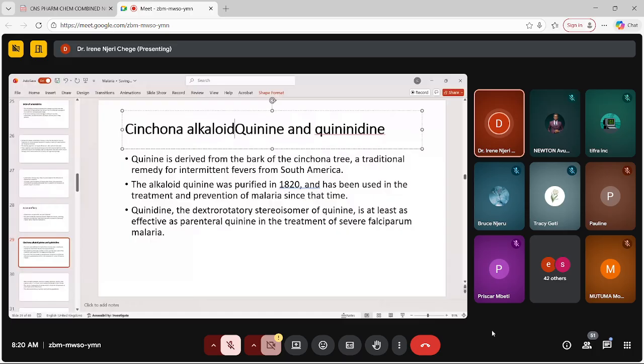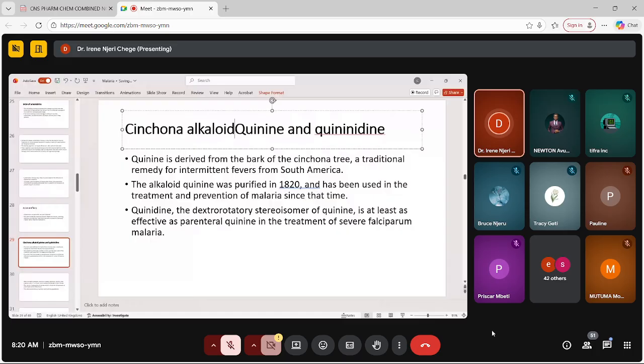So if it is mild, don't discontinue treatment, just continue. If it is very severe, you might have to consider what to do, because it can also cause visual and auditory disturbances, as well as GIT symptoms. We also have hypersensitivity reaction and blood abnormalities, like glucose-6-phosphate dehydrogenase deficiency, which is important with these drugs.